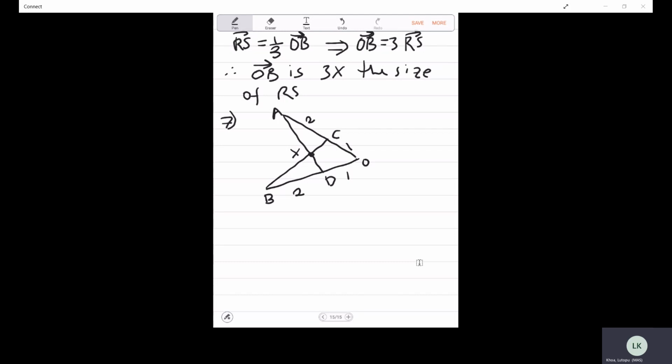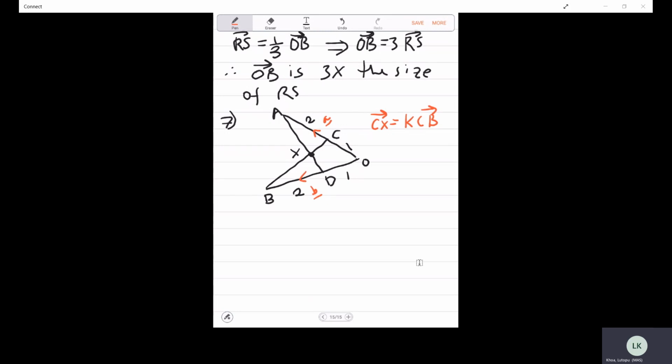And we are told that AD and BC intersect at the point X. So this point over here is where they meet, and OA is A. So this vector going in that direction is A, and then OB, the vector going in that direction, is the vector B. We are told that CX is equal to k CB, so that means these two vectors CX and CB are parallel, one is a scalar multiple of the other, and the scalar is k.